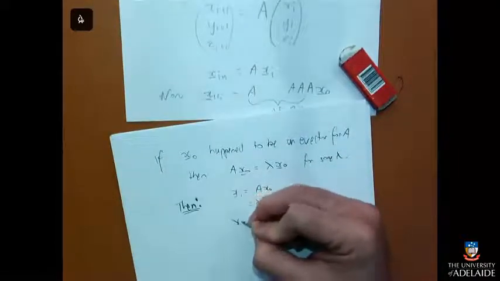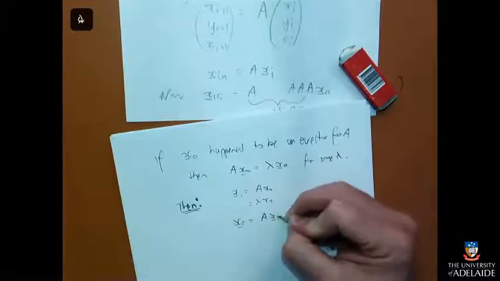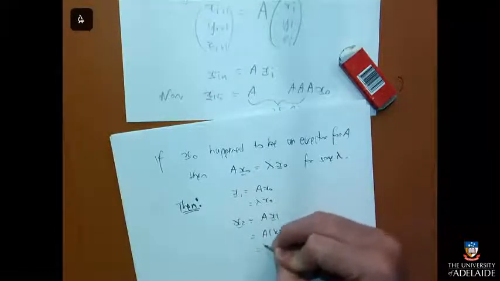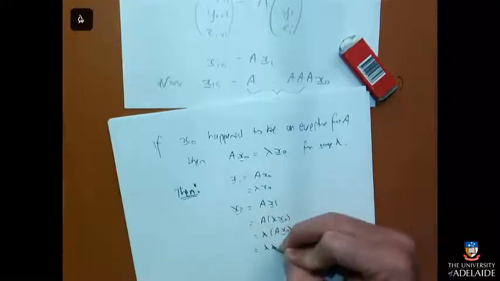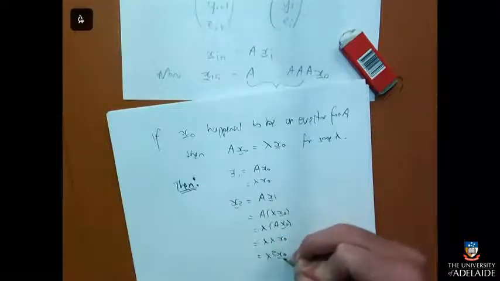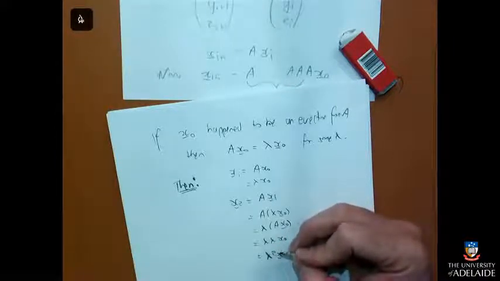And x2 would be A times x1, but x1 was lambda x naught, which would be lambda lots of A x naught. But A x naught was lambda x naught, and so I get lambda squared x naught. Interesting. So every time I multiply by A, I just multiply by lambda this time because it's an eigenvector.